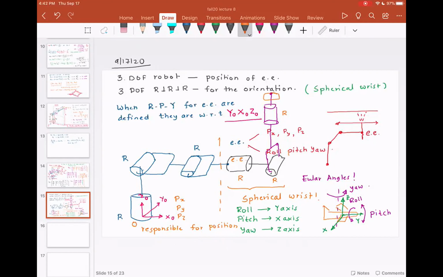So I'm going to tackle this problem in two ways. First, I'm going to look at the spherical wrist. Before I begin, I just want you to visualize the spherical wrist.